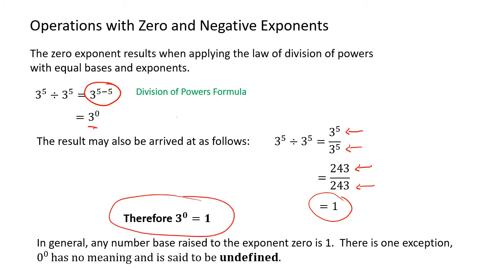The only exception is if you have the number 0 to the exponent 0. That number is undefined. But in every other instance, 3 to the exponent 0, 155 to the exponent 0, it doesn't matter, it's equal to 1, okay?